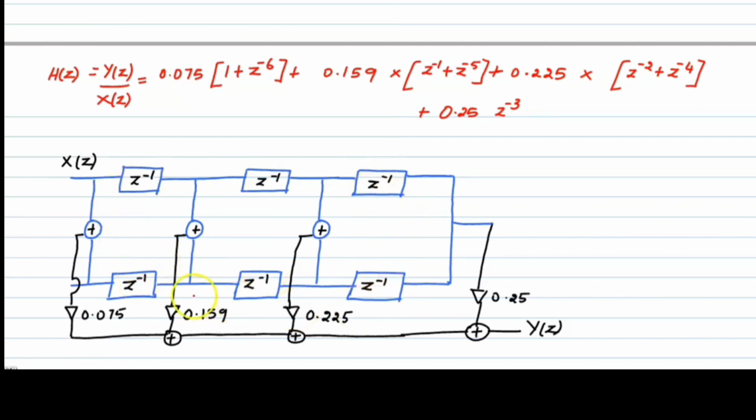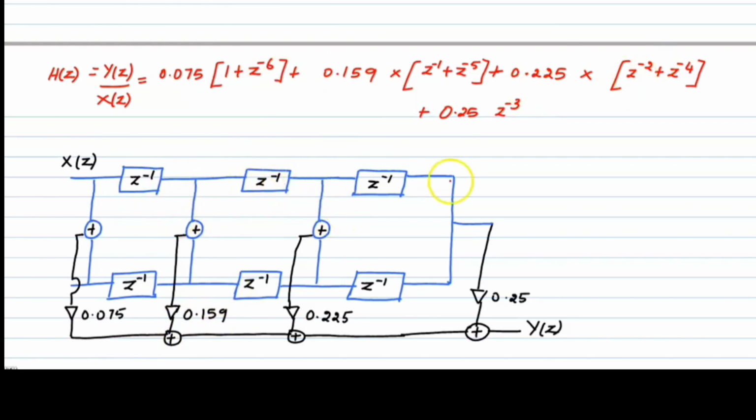Similarly, if we go to the next value, we get 0.159 into z power minus 1 plus 0.159 into z power minus 5. So you see the direction. Next, 0.225 for z power minus 2, then z power minus 4.